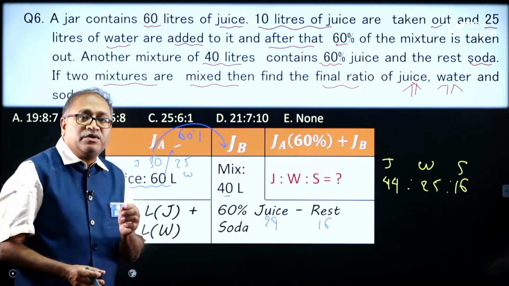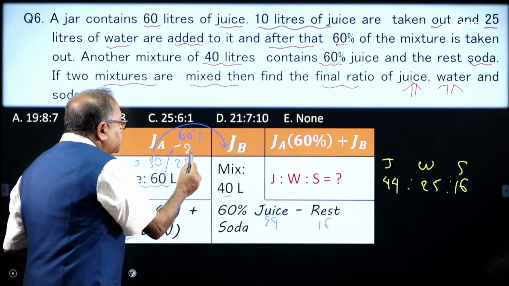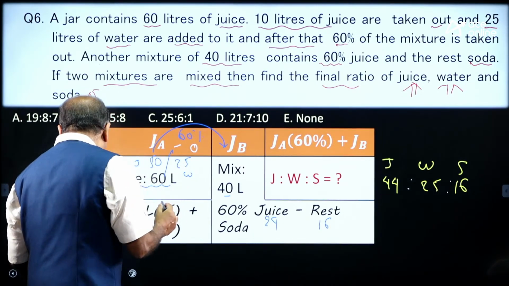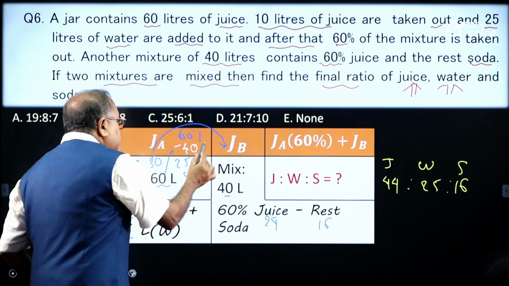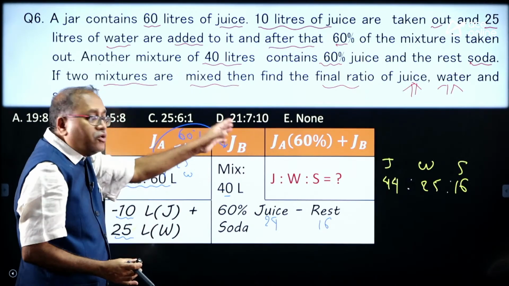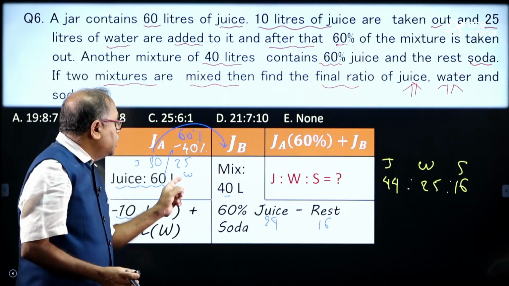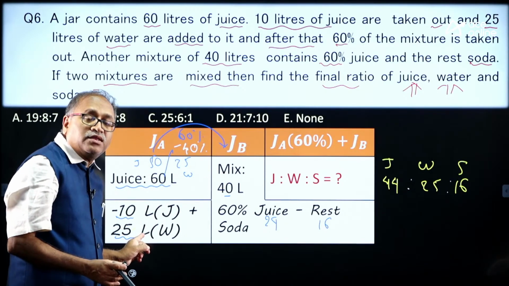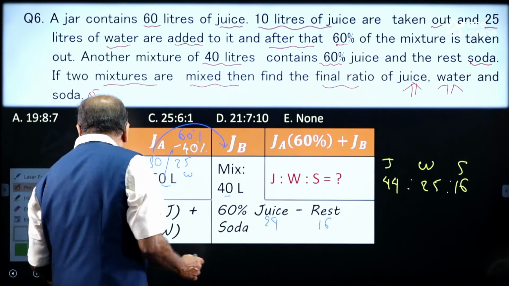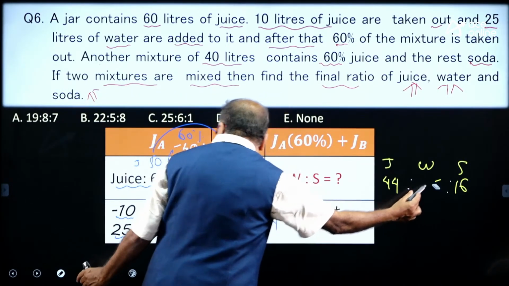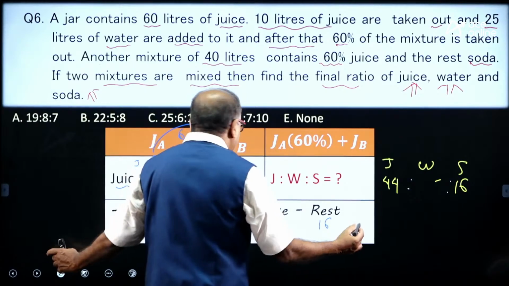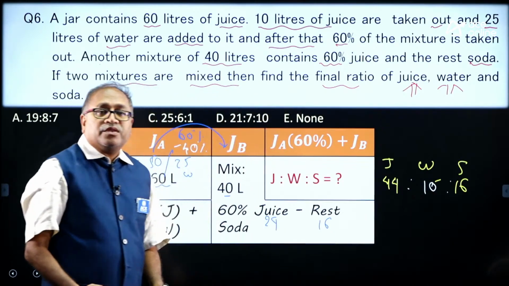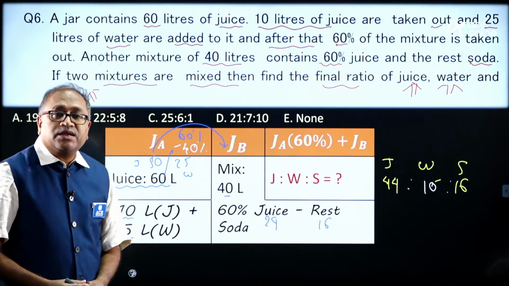Out of this 25 liters, I have to take only 40%, because 60% of the juice is taken from A. So, I need to take 40% of 25, and that comes to 10. So, let me correct my figure here. The water is 10. Okay. The water is 10. Now, I notice that all the numbers are getting cancelled by 2.